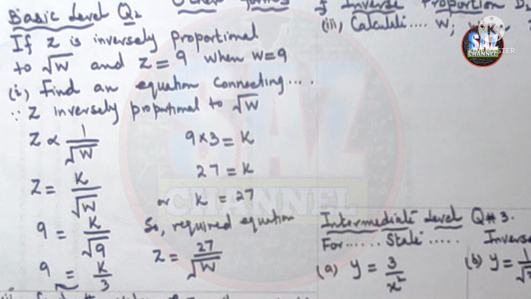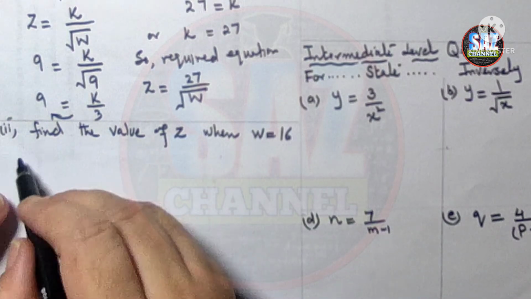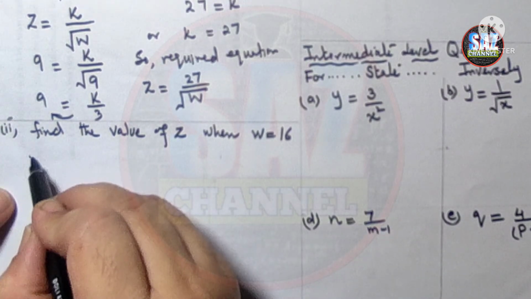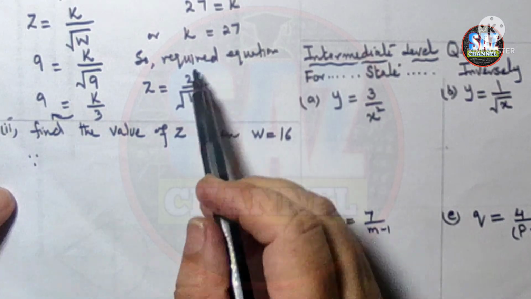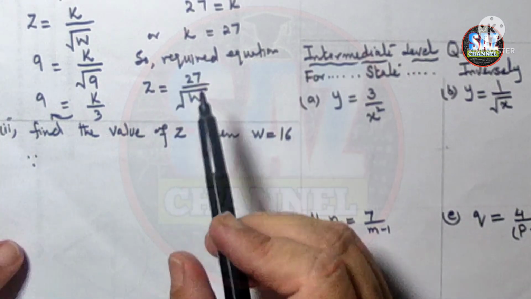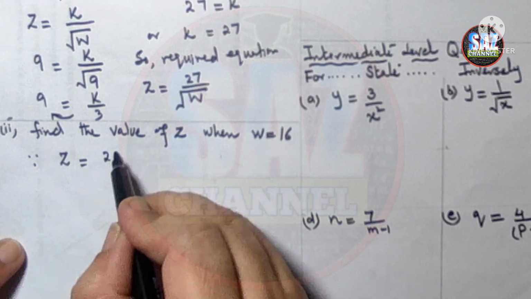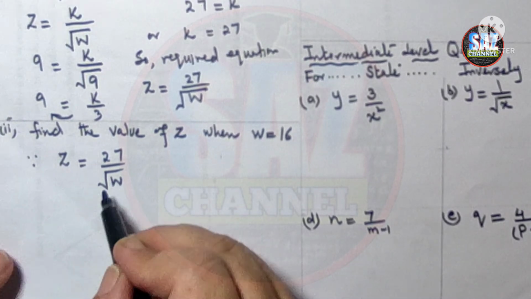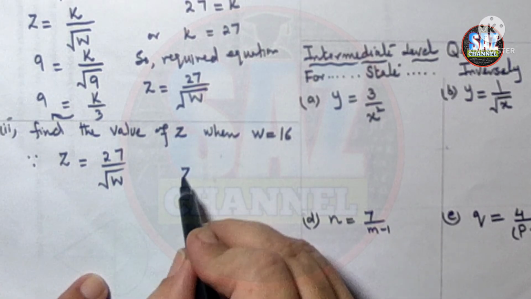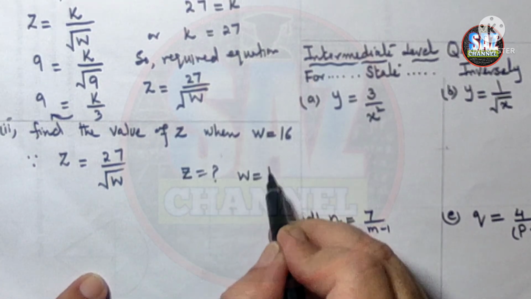And the second part says find the value of z when w is equal to 16. Now in order to find the value of z, because we already have the equation connecting z and w, first of all we write z equals 27 by square root w, and now we have to find the value of z when w equals 16.